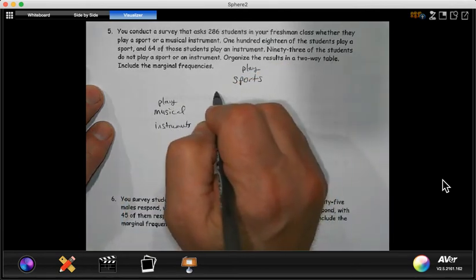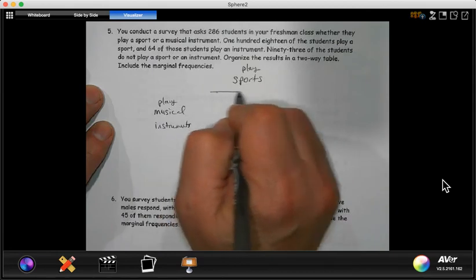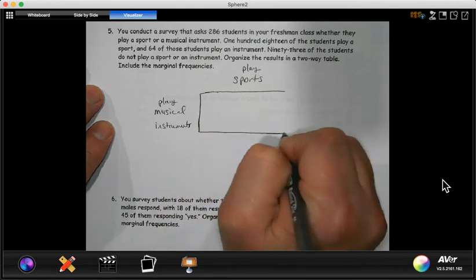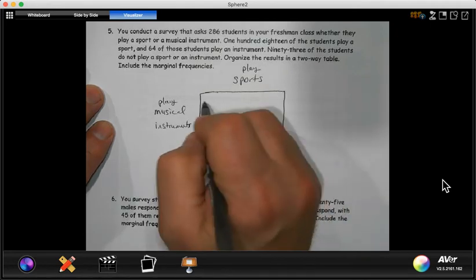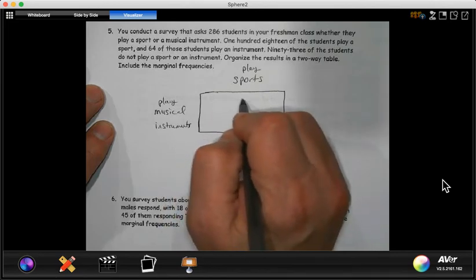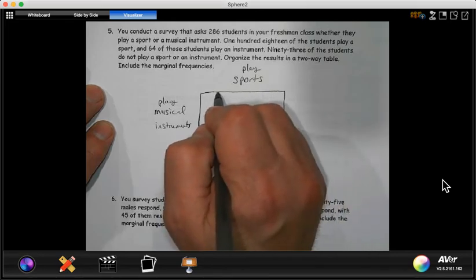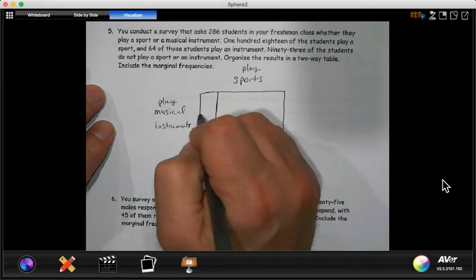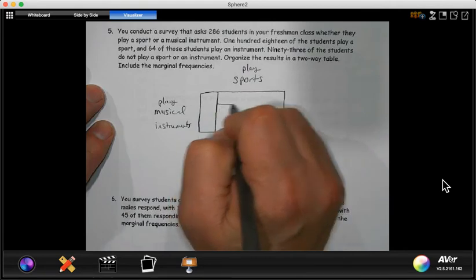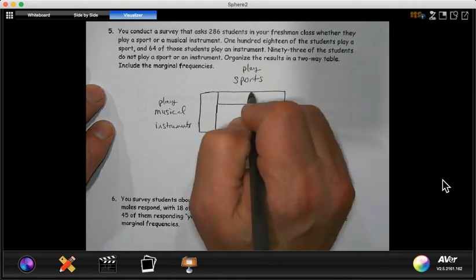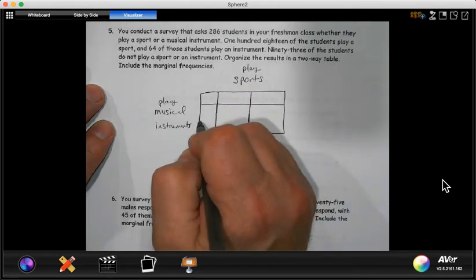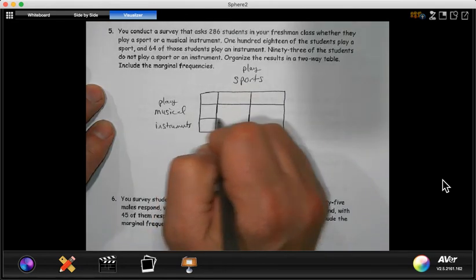All right, so I'm going to do kind of like this. I'll do the big old thing. So now I've got my boxes for my yeses and my nos, right? And then this box for the yes and the no's, like that, and like that.